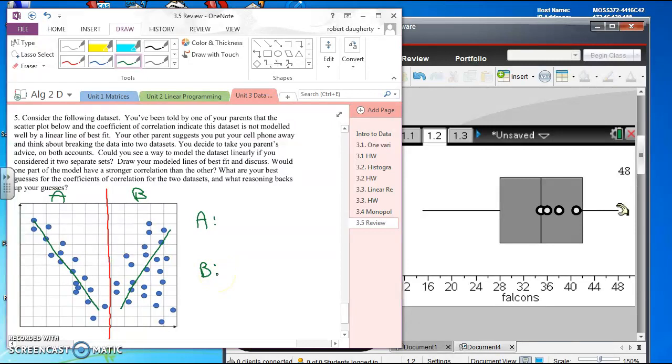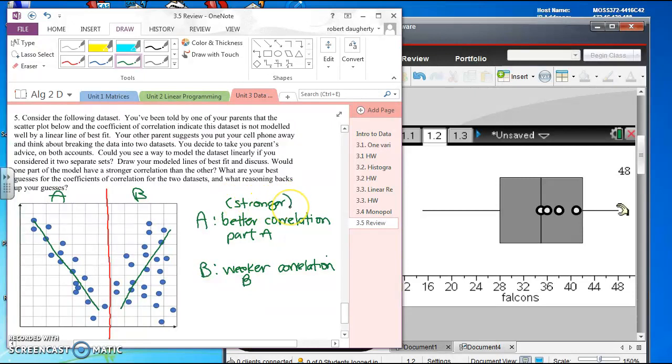So obviously we have better correlation in part A. We have weaker correlation in part B. So better or stronger, okay?